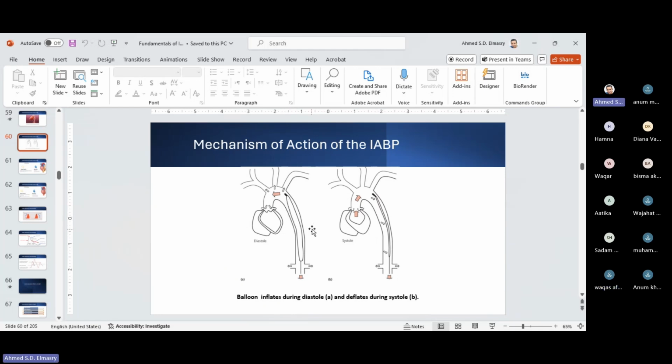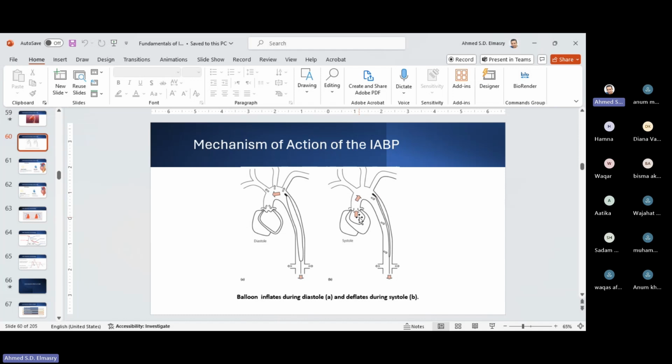If we remove the intra-aortic balloon here and the afterload is increased, the afterload will act as a force against the weak heart. So the heart will start to contract to eject the blood to the aorta, but because the afterload is high, it works as a force against the left ventricle.